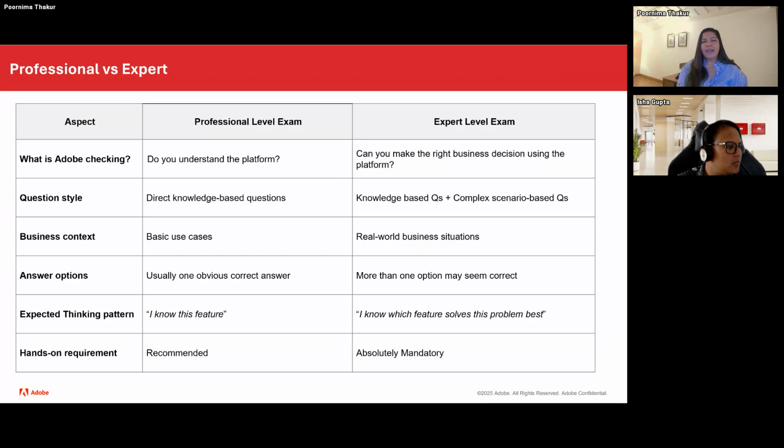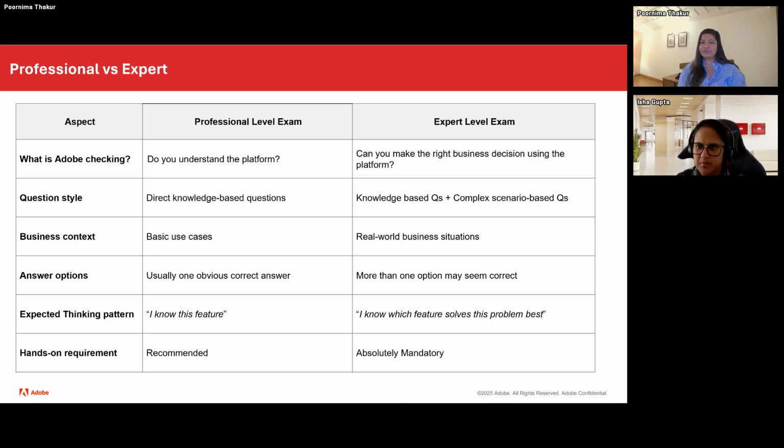Answering options. Now, in professional, when you have your options, usually there's one obvious, direct, and correct answer. You will really not get confused by the options. However, at expert level, obviously there is a correct answer, but more than one option might seem correct. Because here, the fight is not whether the answer is correct or not. It's actually the answer which is most suitable.